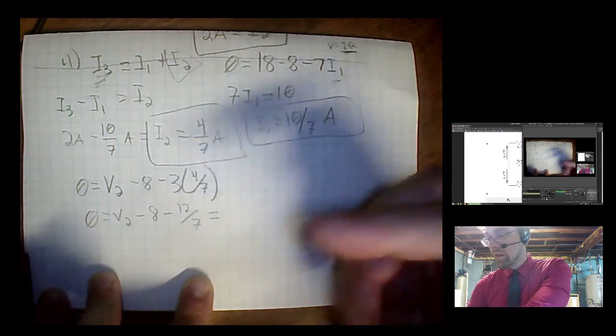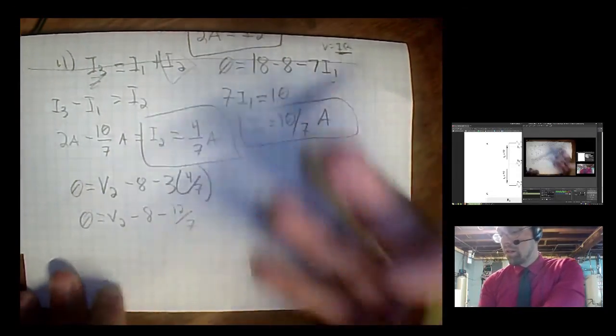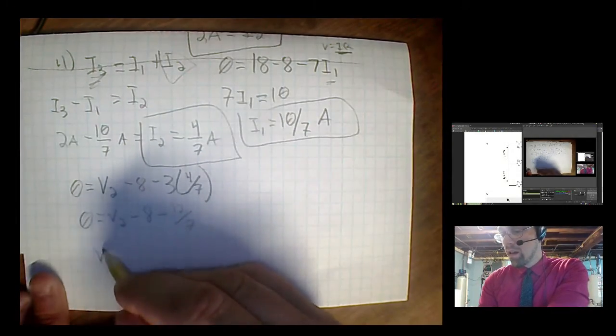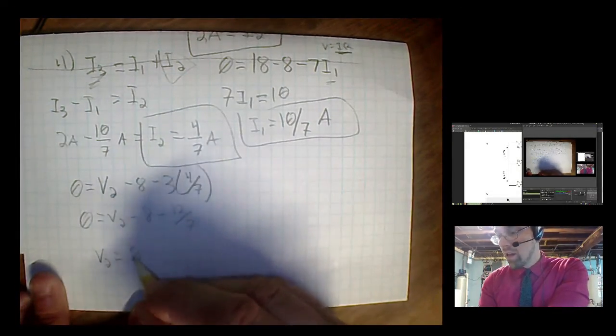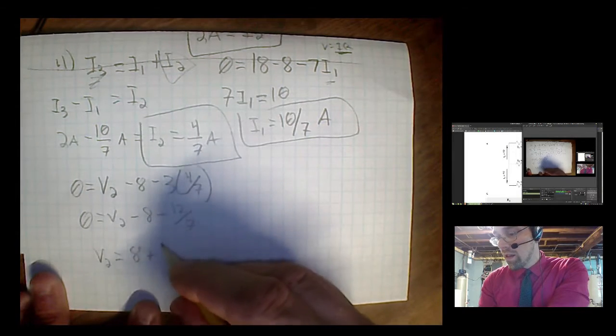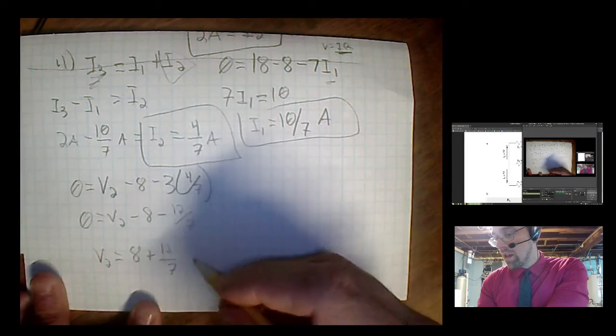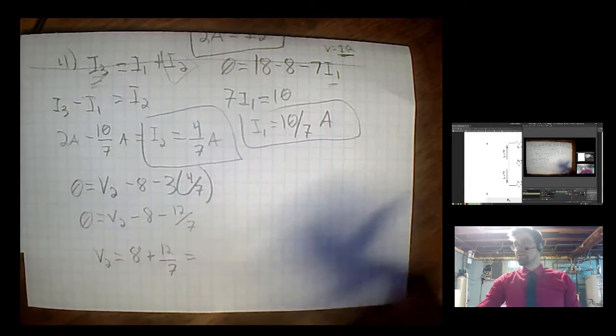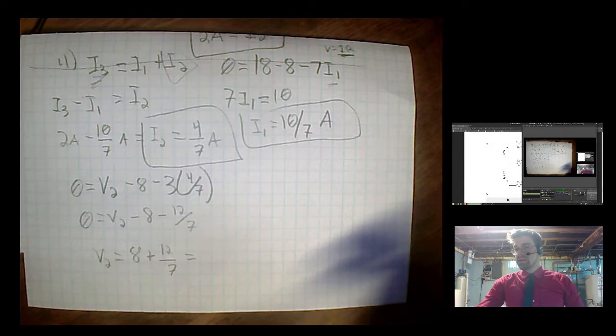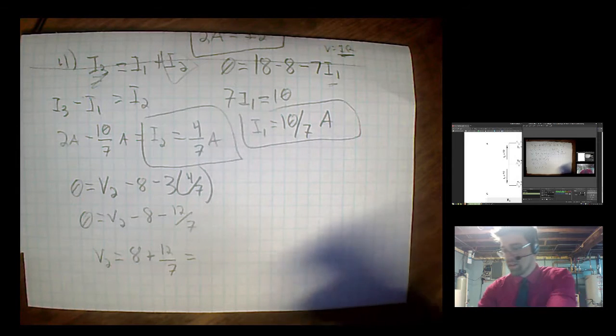Alright, we'll say, and oh gosh, what's 8 times 7? So it's what, 49 plus 7, so that's 56.